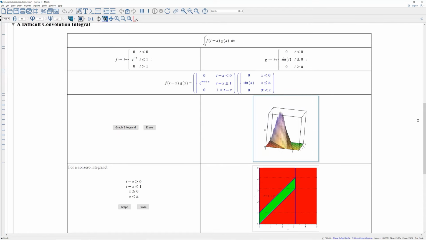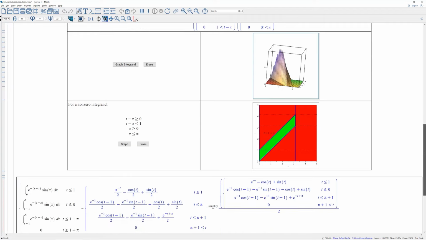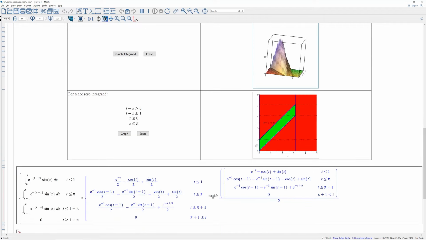Here we're using dx. So you're integrating x from 0 till you hit this line here. This is the line t equals x, or x equals t. So 0 to t, and then you have these two factors multiplying each other.